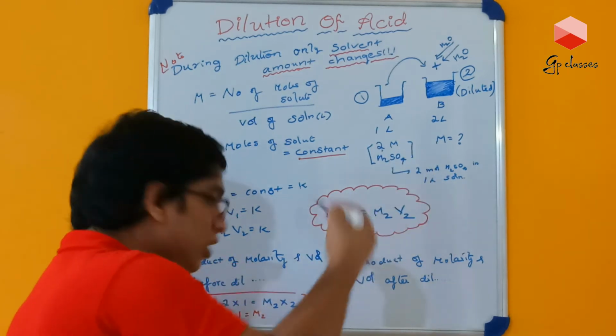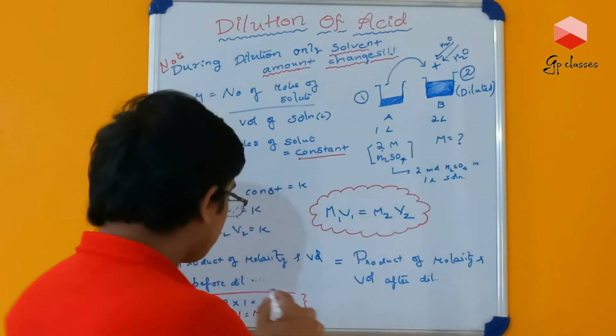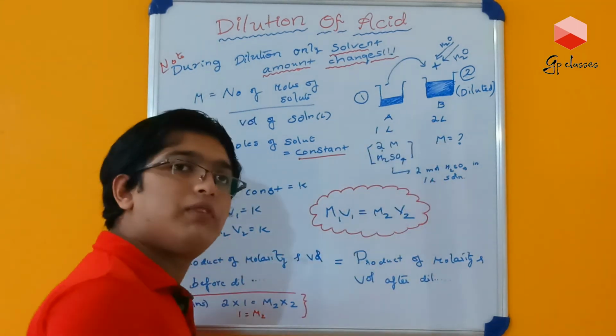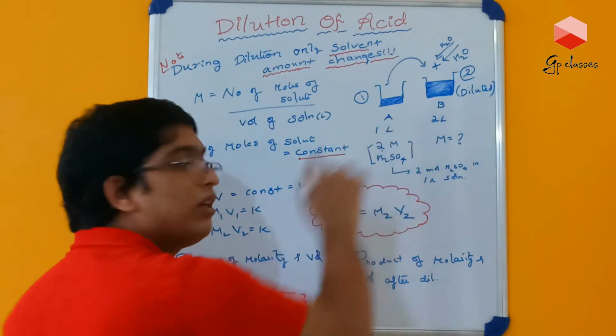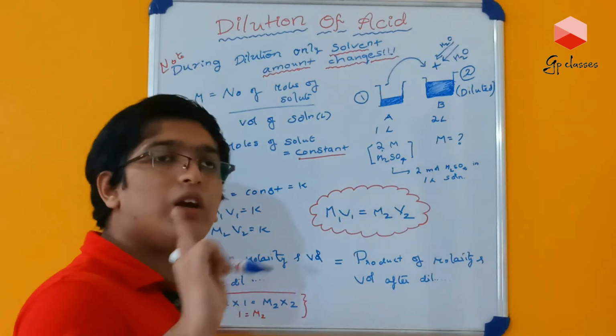M2 is the molarity after dilution, which we have to find, into the volume after dilution, 2 liters, which is provided in the question. So molarity after dilution is 1 molar.